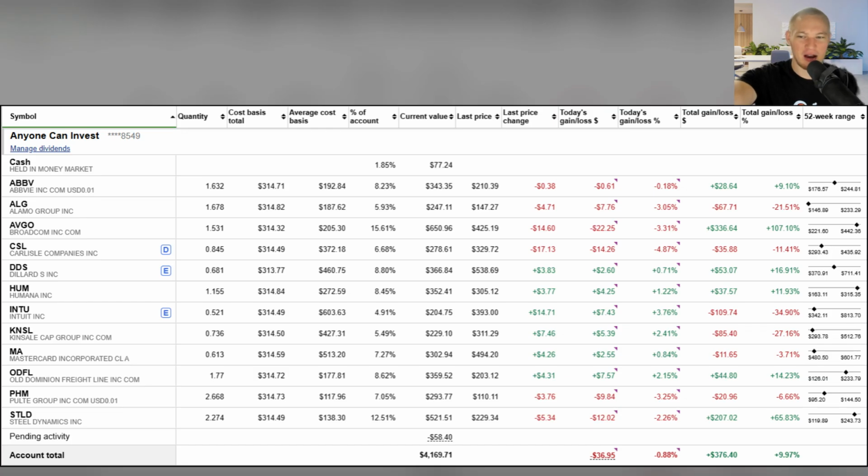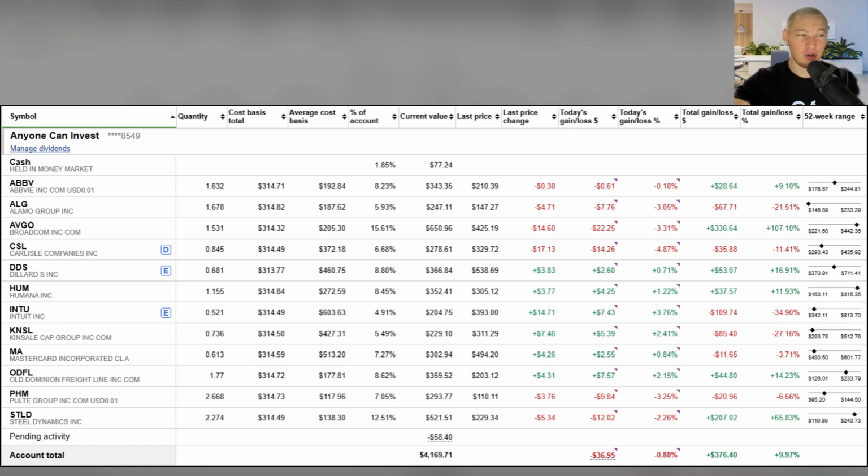There was one stock, Dillard's, that was at $313, so that one I could add money to, and I did this episode. Down at the very bottom, you can see that the account total last episode was $4,169.71, and the account was in the green by $376.40, or up almost 10% at 9.97%.